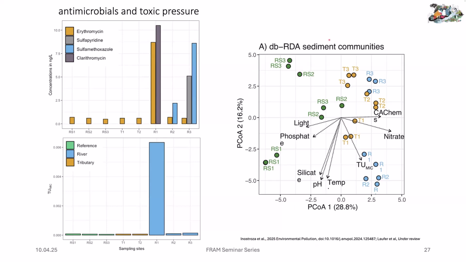And on the right side, you can see an ordination figure where, if you focus here on the lower right part, you can clearly see this TUMIC. So this is equal to antimicrobial stress. You can see how the antimicrobial stress is correlated very strongly with some specific sampling sites.